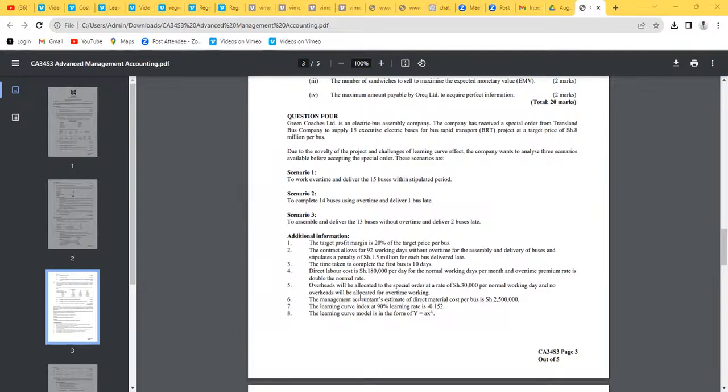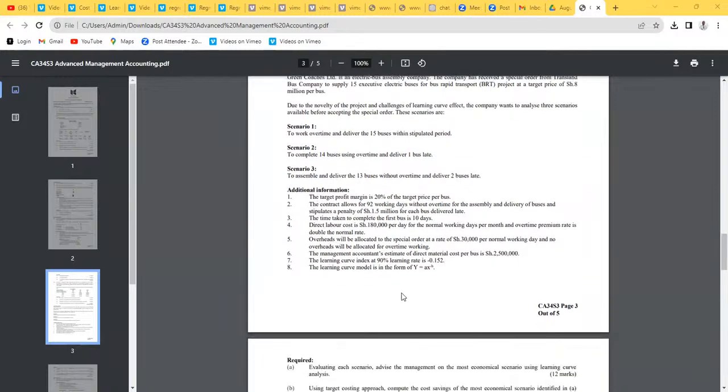The management accountant estimate of direct material cost per bus is 2.5 million. The learning curve index is 90%, that is, learning rate is negative 0.152. I think that figure is now familiar. The learning curve model is in the form of y equals a x raised to power b.